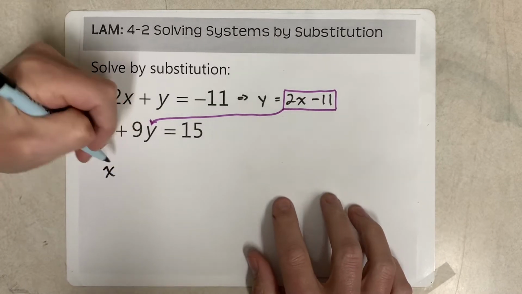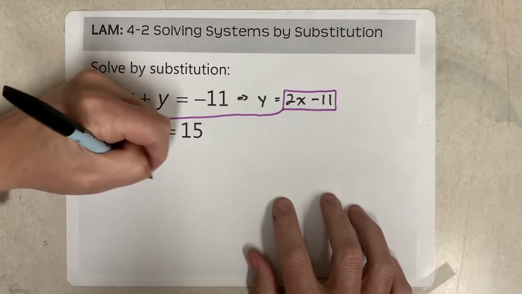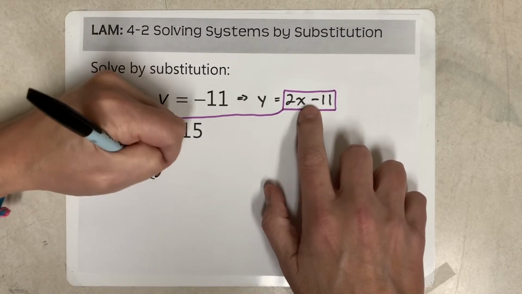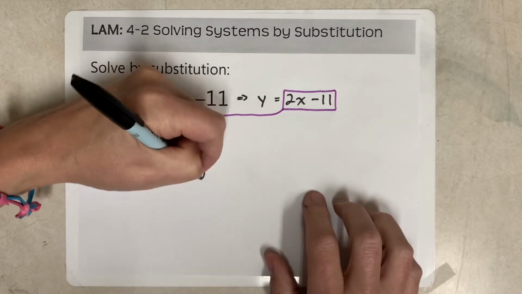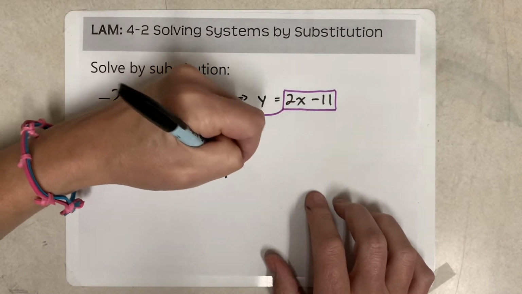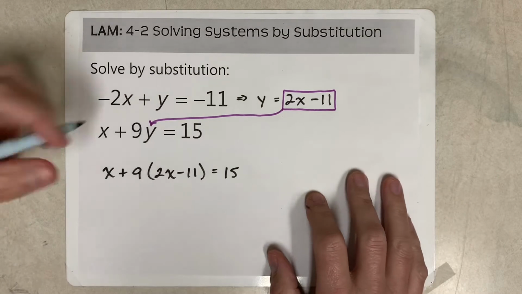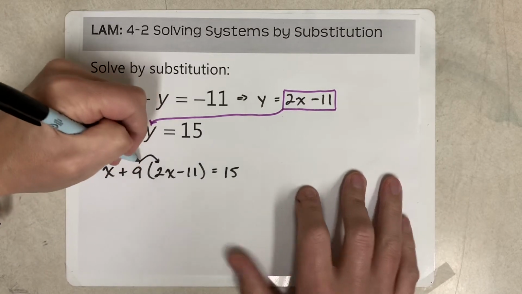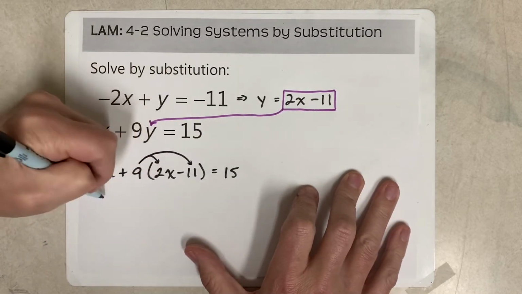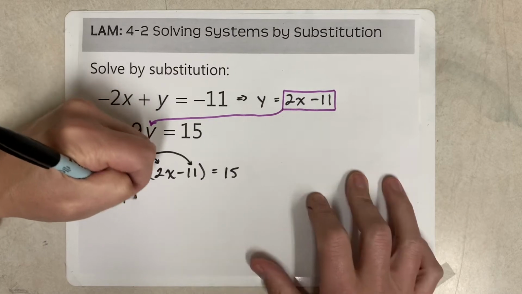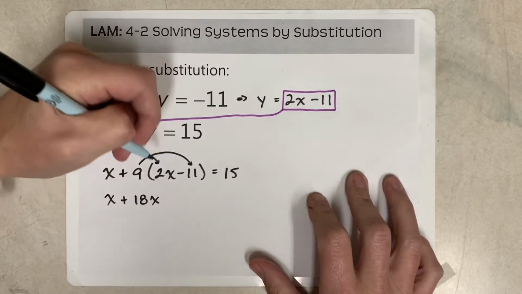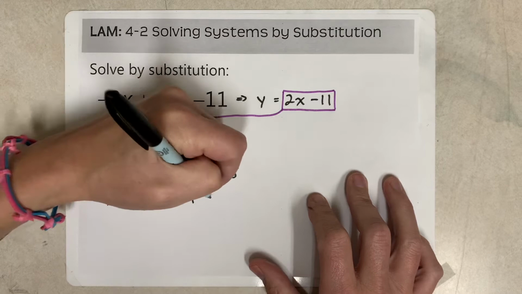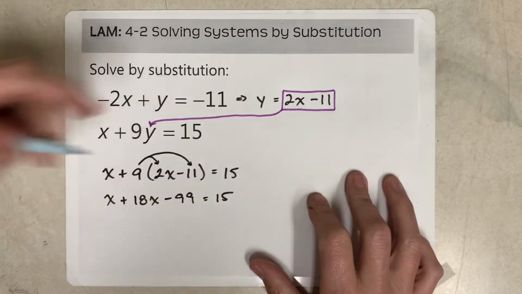And now we have x plus 9 times, not y anymore, but 2x minus 11 equals 15. And we solve that equation for x. Distribute first. So x plus 9 times 2 is 18x minus 99 is equal to 15.